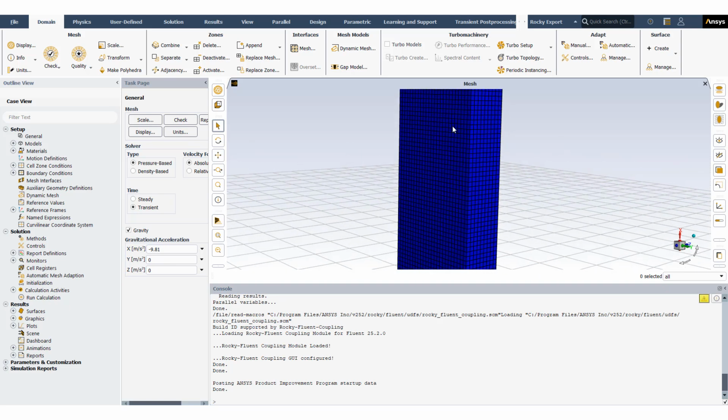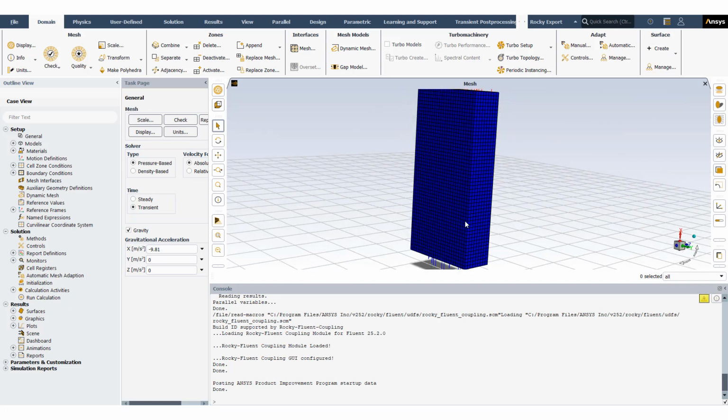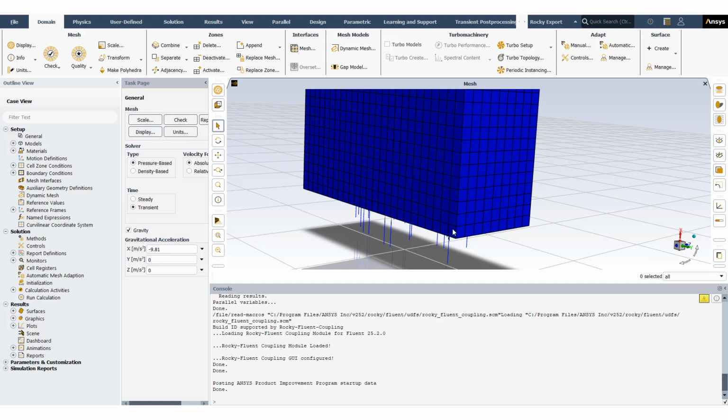It's a relatively coarse mesh, so we need to make sure that the particles are smaller than the mesh itself, each cell element.